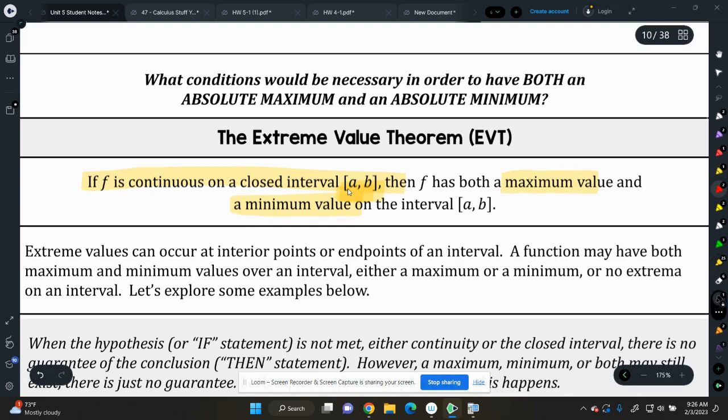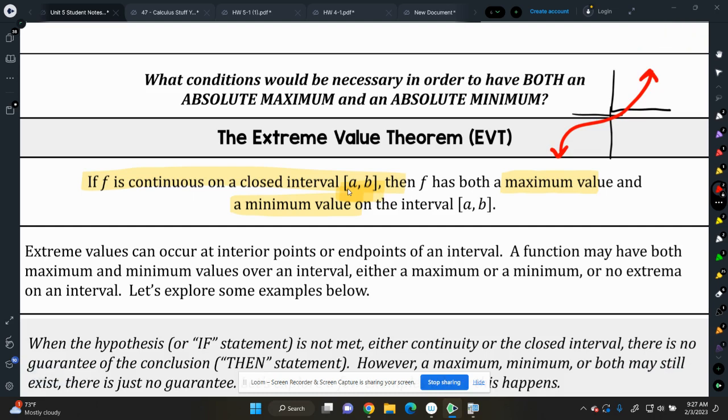Okay, the reason we say closed interval, if you can see my graph over here, right? Let's just pretend that this is my graph. What's happening at the ends? They're continuing. I do not have a closed interval. I don't have endpoints.